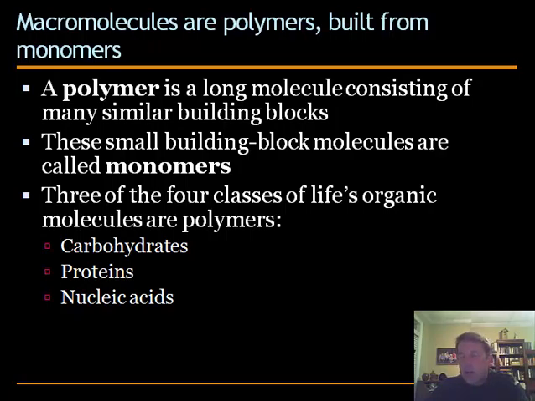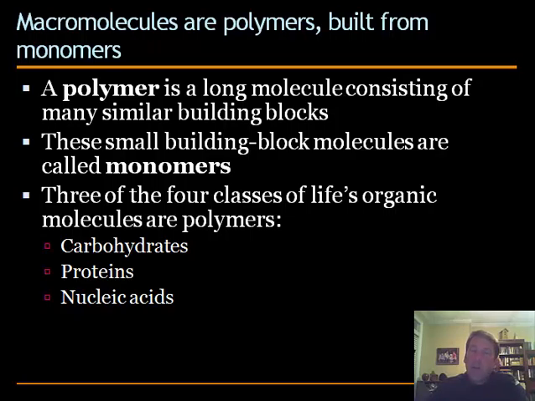So an analogy of that would be like a train. The train is a long polymer of cars. The individual cars on the train are called monomers. So in our molecule, the molecule is made up of a bunch of monomers, which are smaller building blocks of the molecule, sets of atoms.